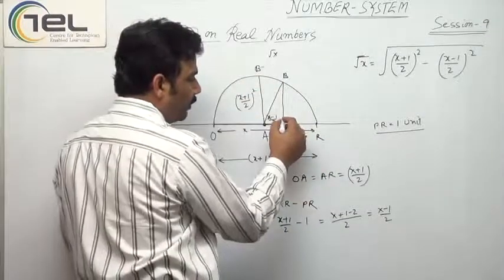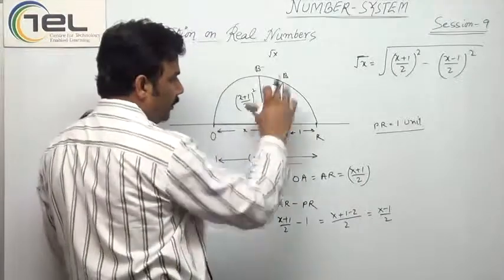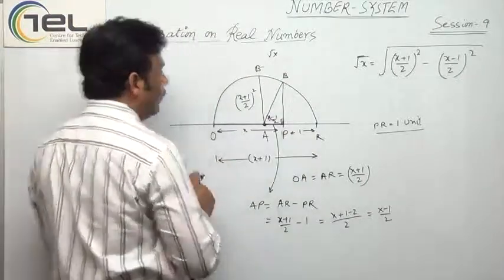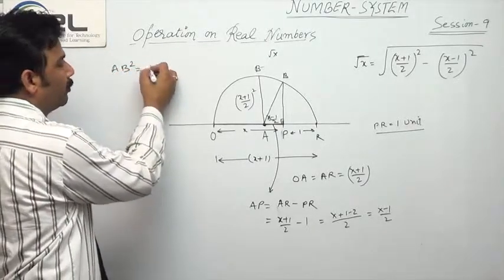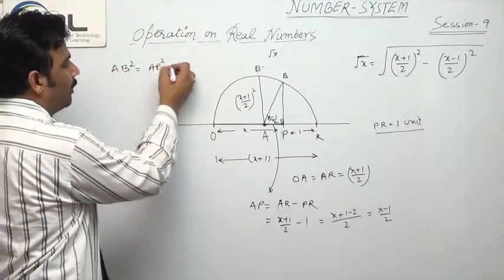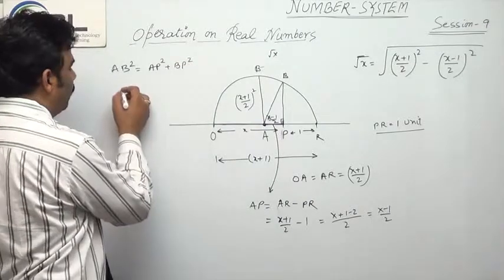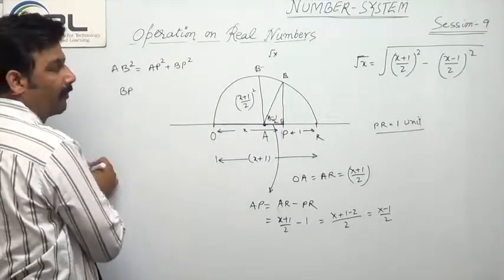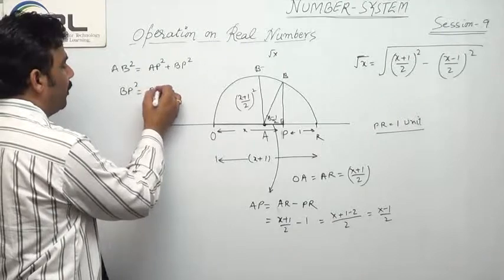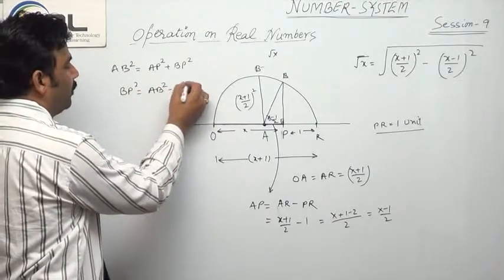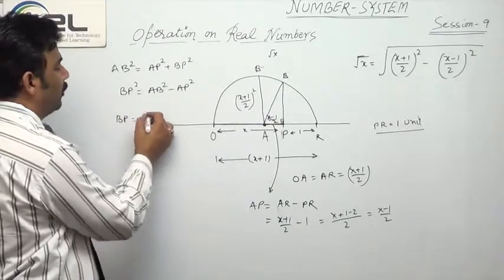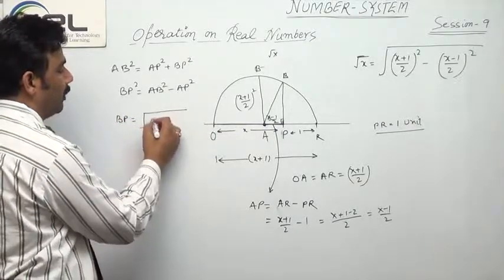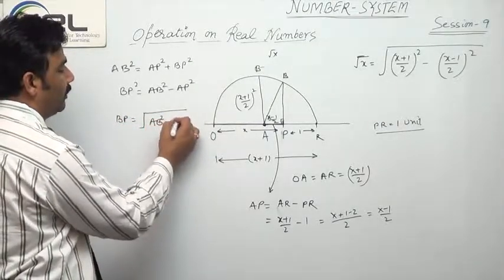So now this is 90 degrees, and this is the hypotenuse AB. Now AB square will be equal to AP square plus BP square. Now what is BP? BP square is equal to AB square minus AP square. So BP is the square root of AB square minus AP square.